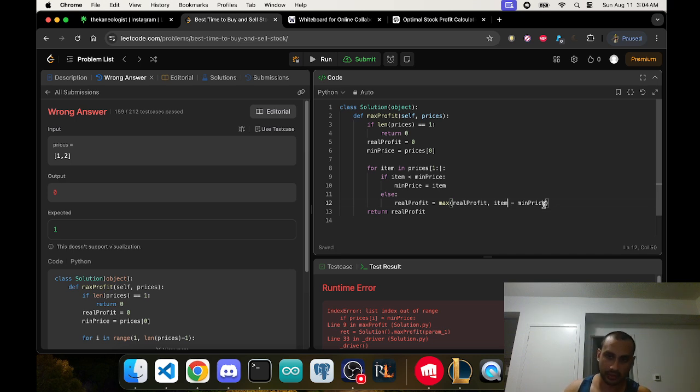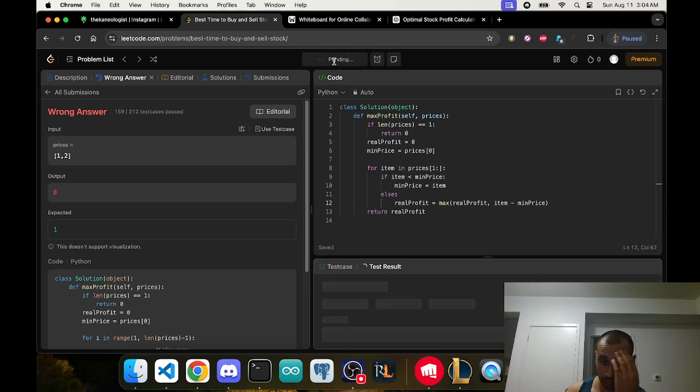Real profit is the item, the current item, minus the minimum price. Return. Submit.